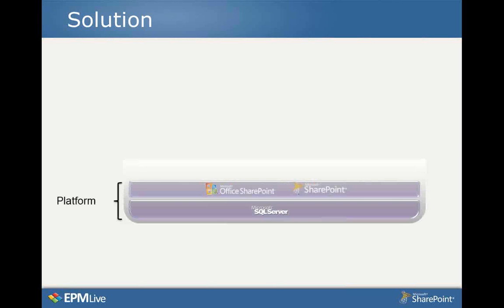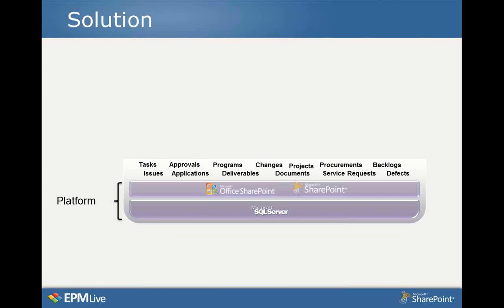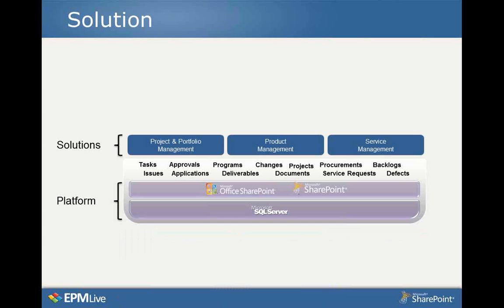So to talk a little bit about the solution, EPM Live is a SharePoint-based application that basically uses the Microsoft SharePoint platform as its foundation. And then if we go back and take a look at all of the potential activities that we have going on in the organization, so tasks, projects, application work, issues, etc., what we do is we basically build applications or solutions that help us capture and track and manage all of these work features.